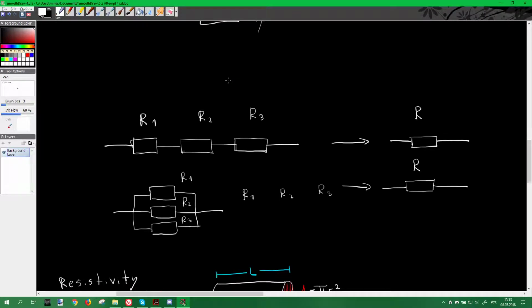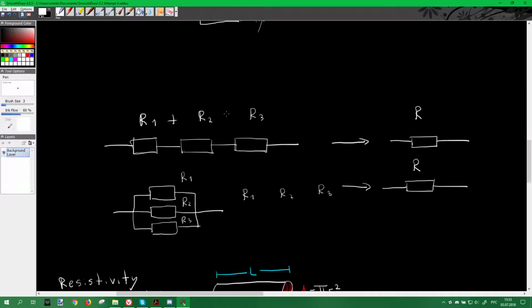Next up, we can try to calculate resistance of resistors in series and parallel, because often we want to simplify circuits to make it easier for us to calculate. So, for example, when you have 3 resistors, you want to simplify it to one resistor with the same resistance. What do we do when it's in series?